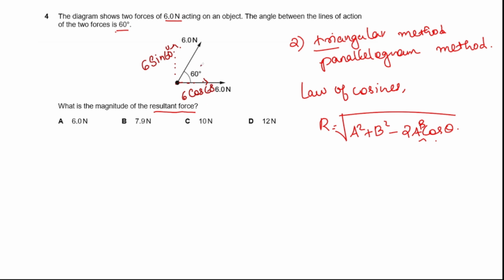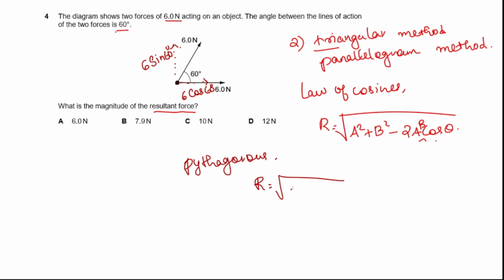Okay, so if these two are acting in the horizontal and this one is acting in the vertical one, you can find out the resultant by using the Pythagorean theorem, Pythagoras theorem. So here the resultant will be equal to the square root of the two values. So two legs.